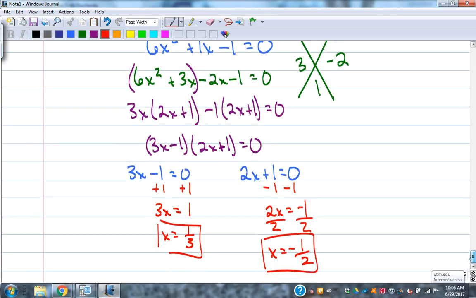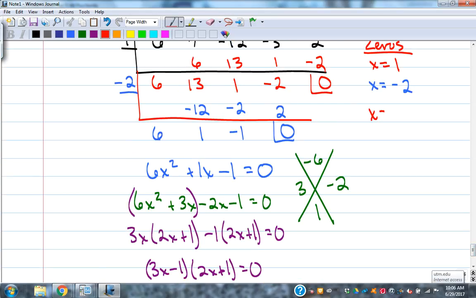So we get those zeros, 1/3 and -1/2. 4 zeros, because I had a 4th power in the original problem as the biggest power. 4 zeros. So the P over Q list gives you a list of numbers that you could try. And then you use the graph to help you get there.